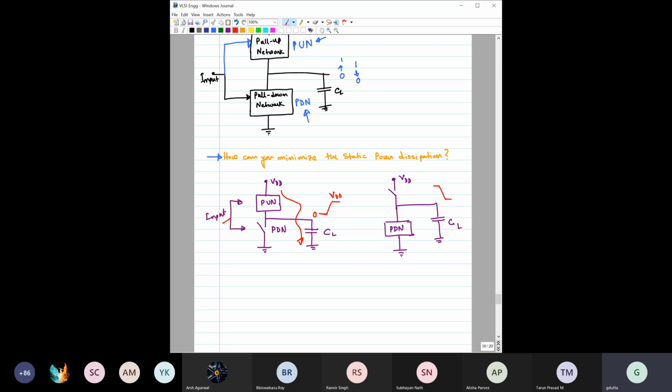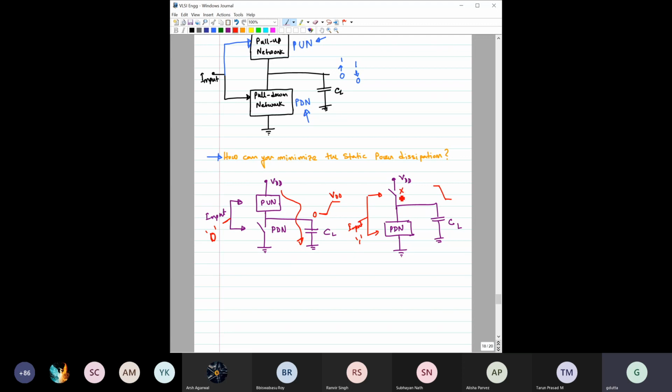So what is the input here? The input is at logic 0, right? When you have given input logic 0, then the pull up network should be on, and the pull down network should be completely disconnected or open. Then this can happen. The other case is when you have this input as 1, then the pull up network would be completely open.